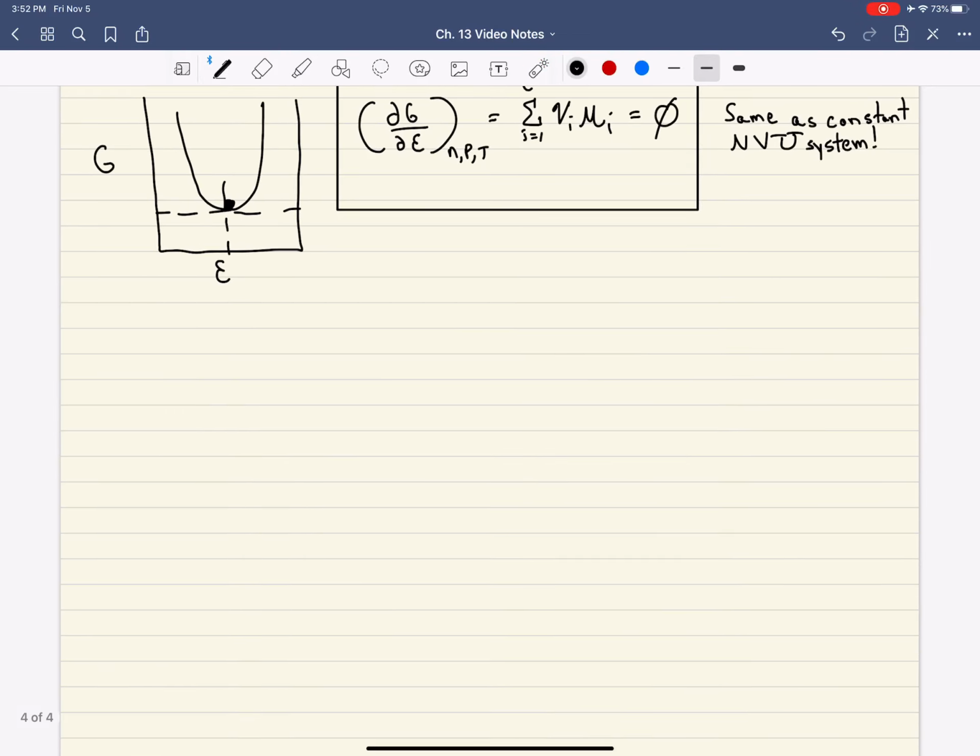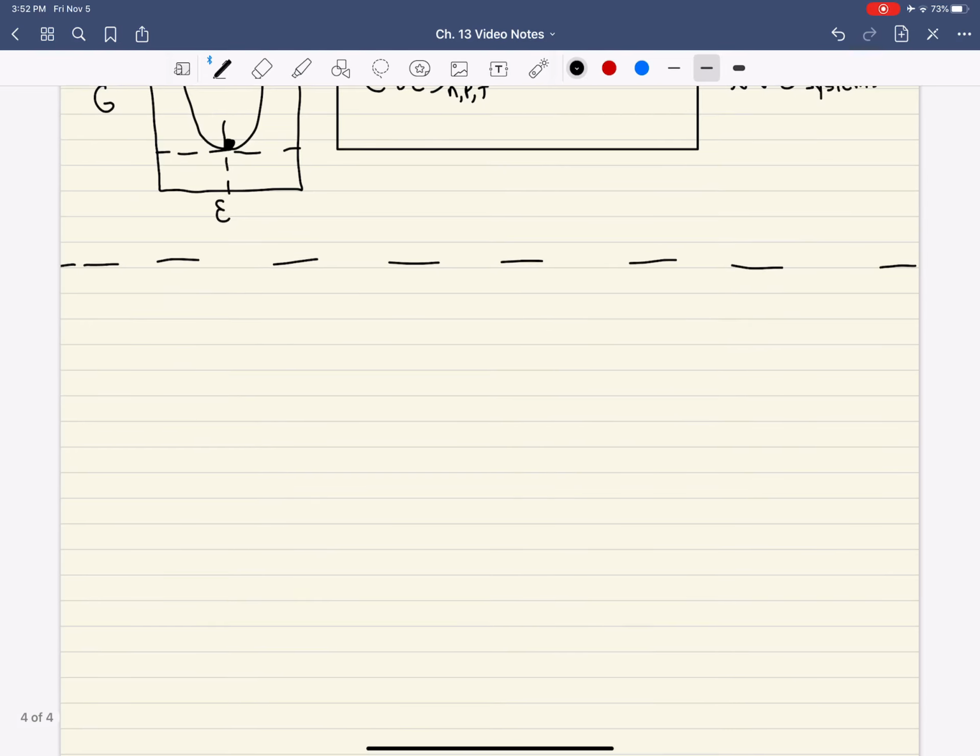The last thing I want to mention, at least when it comes to defining the equilibrium criteria, is that so far we were just kind of generally looking at one type of reaction implicitly.